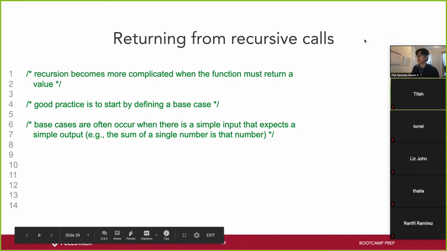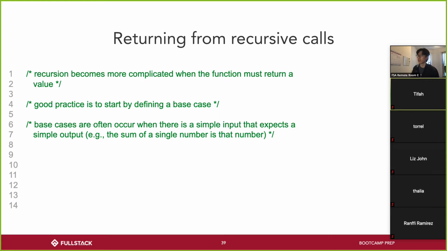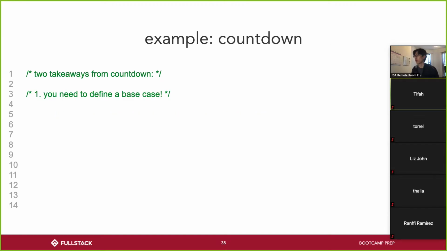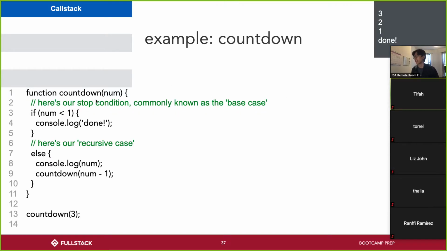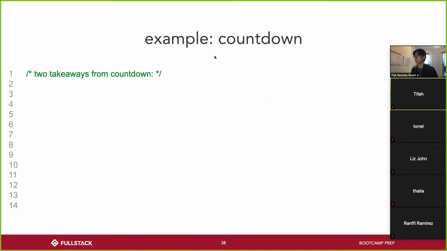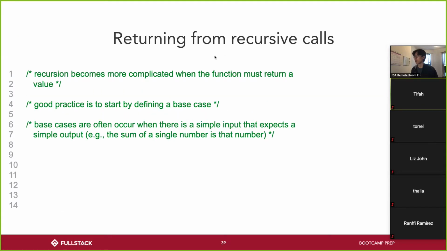So, returning from recursive calls. Here's where it gets a little more interesting: when our recursive calls return. Before, we weren't returning anything, we were just logging into the terminal. But what if we need a return? How would we handle that?